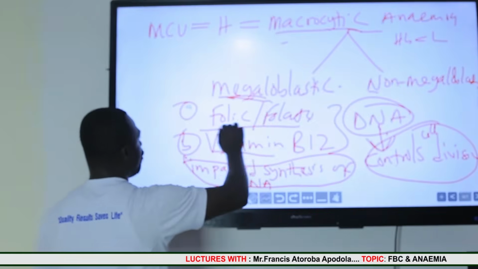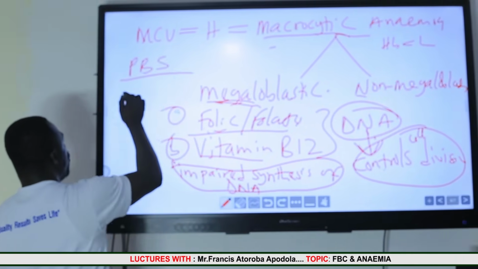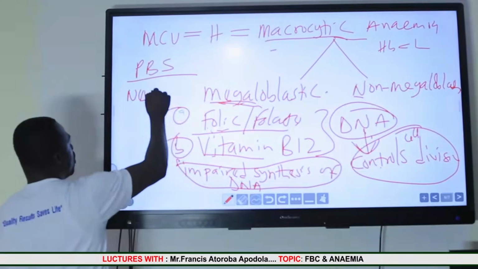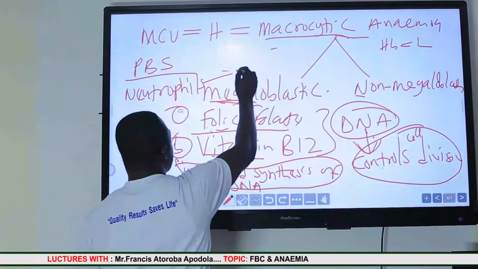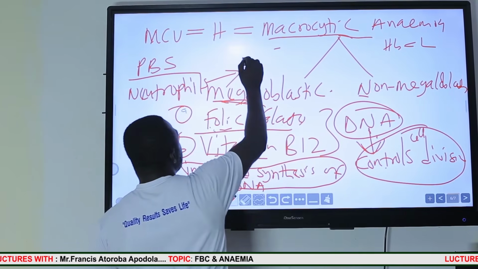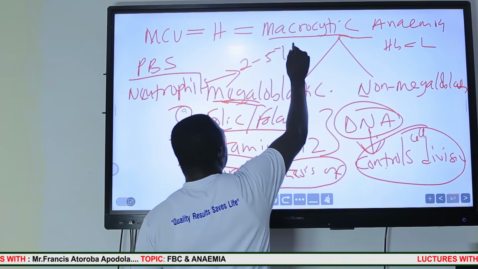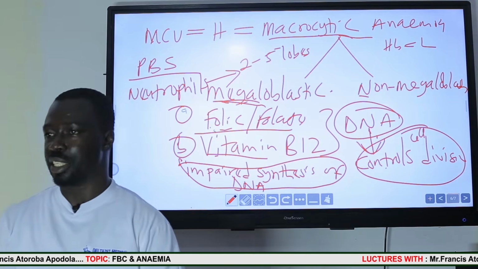In a patient who has megaloblastic anemia, in the peripheral blood smear, we'll be looking at the neutrophils. Neutrophils generally have 2 to 5 lobes, or 2 to 5 segmentations.